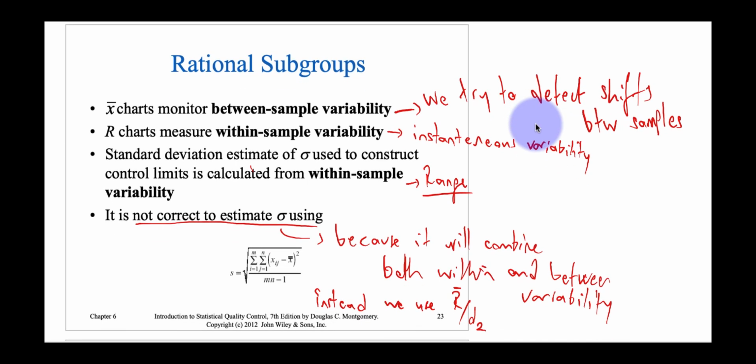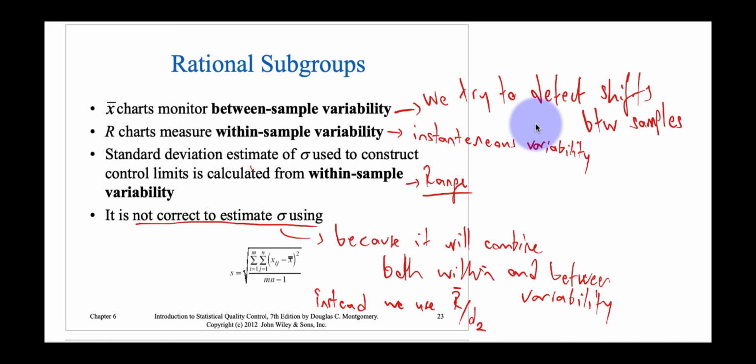And again, rational subgroups. Why are we using rational subgroups? They are the samples actually. The concept itself is called rational subgroups. The concept says we are trying to maximize between-sample variability so we can detect shifts, okay?